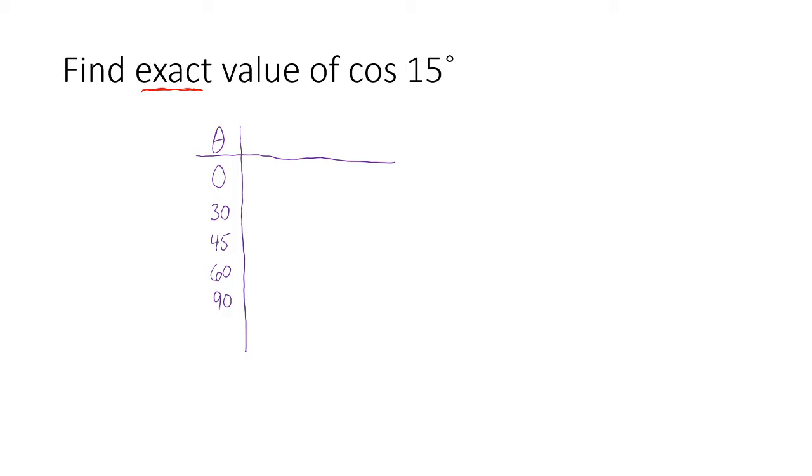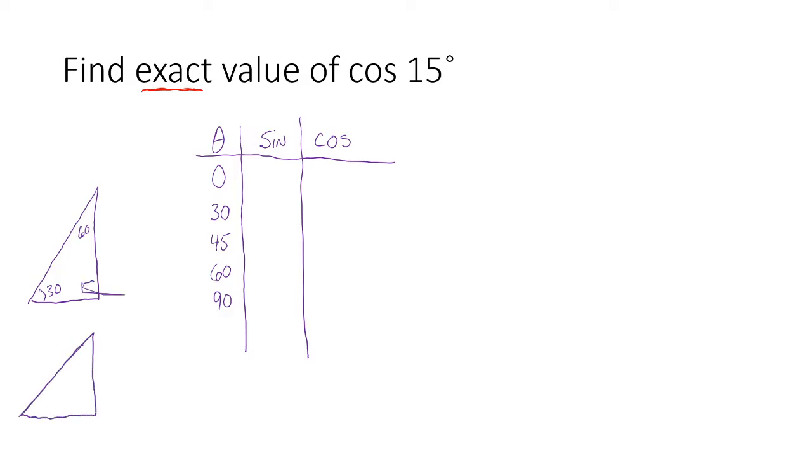It went on and on, and you should have a whole trig chart available for you now. On that trig chart, you had a sine column and a cosine column. We learned from a 30, 60, 90 triangle and a 45, 45, 90 triangle a lot of these various values.